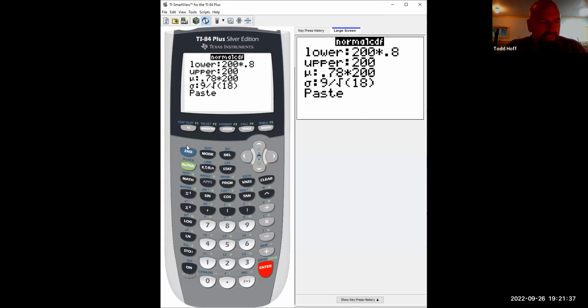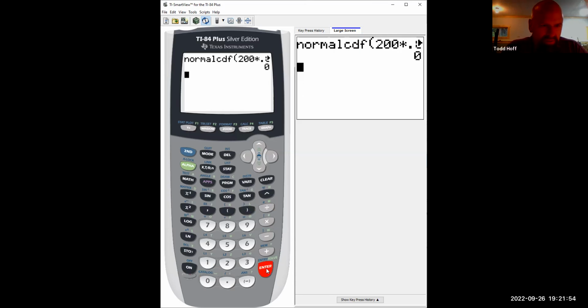And our standard deviation will be the square root of 0.8 times 1 minus 0.8 divided by the sample of 200. Close that parentheses. Paste that in and let's see what we come up with. It ends up with 0. It's almost impossible to have more than 80%.